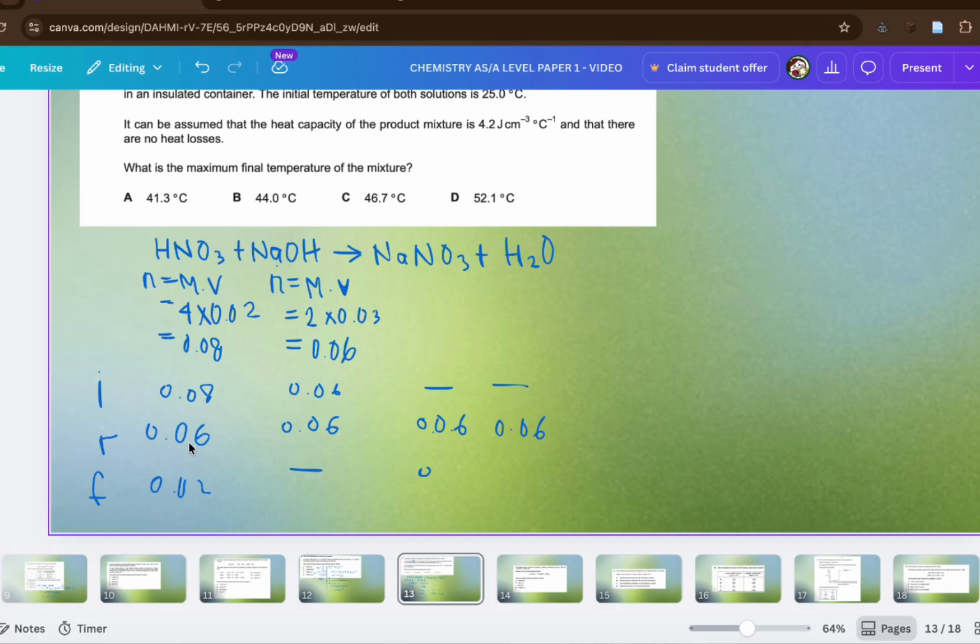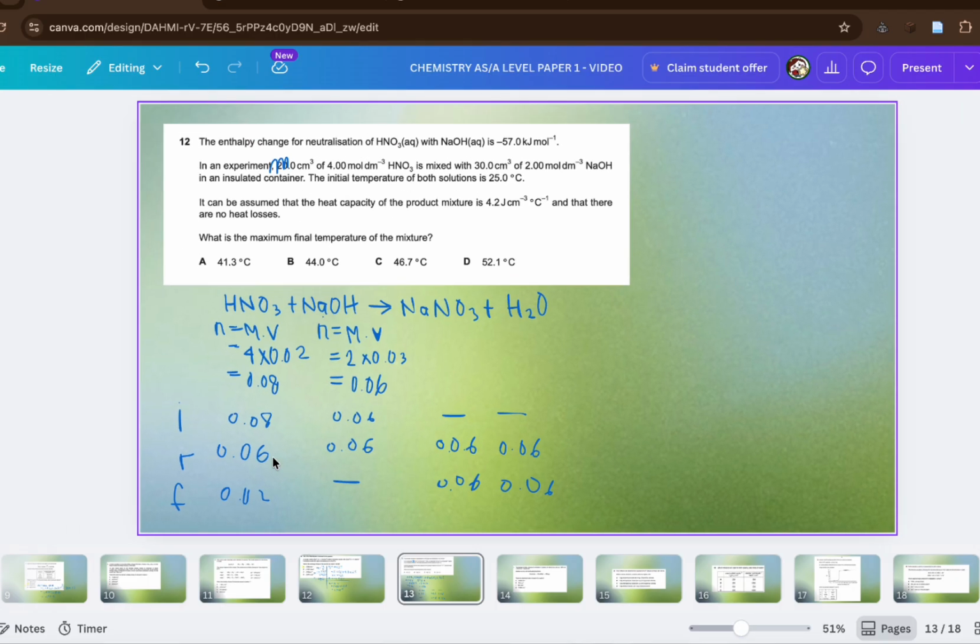NaOH runs out. We can conclude that NaOH is the limiting reactant, which we will use when we calculate the enthalpy change.